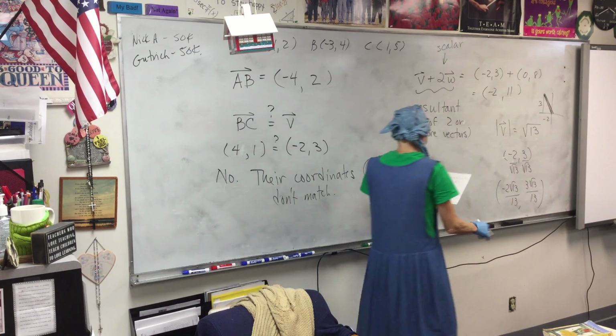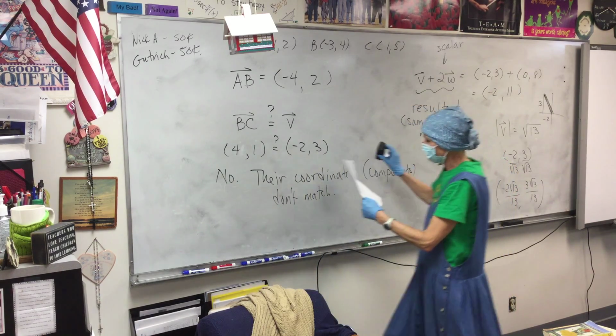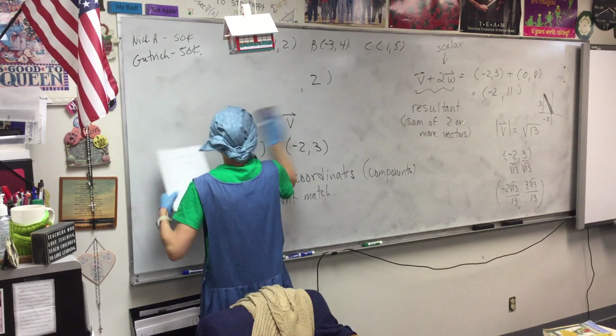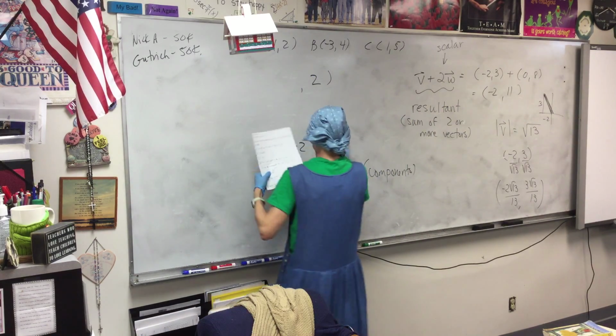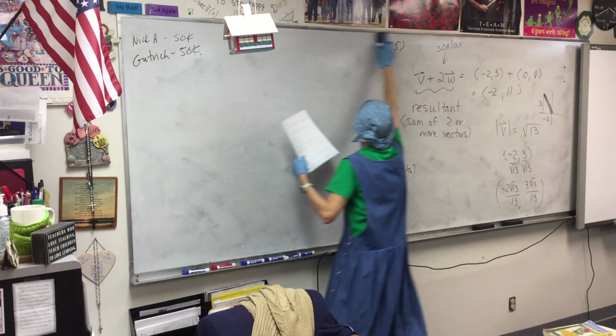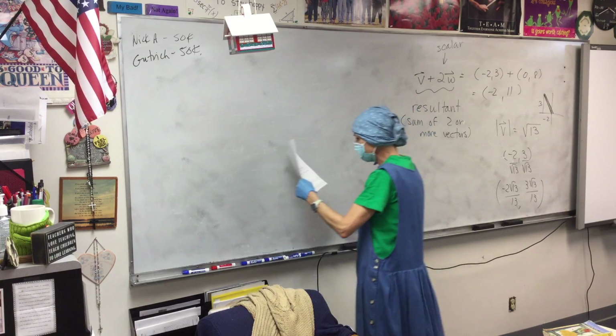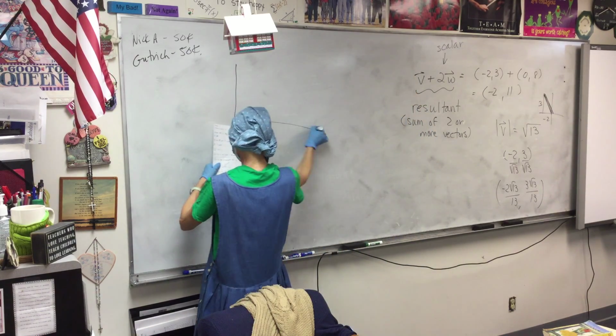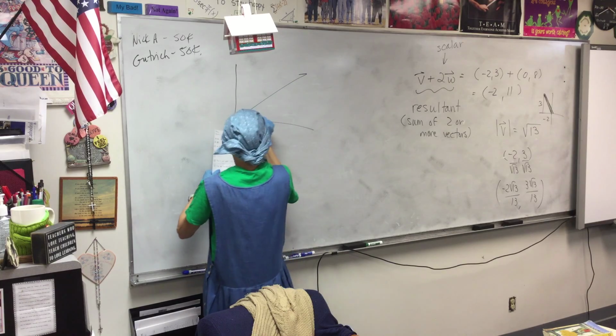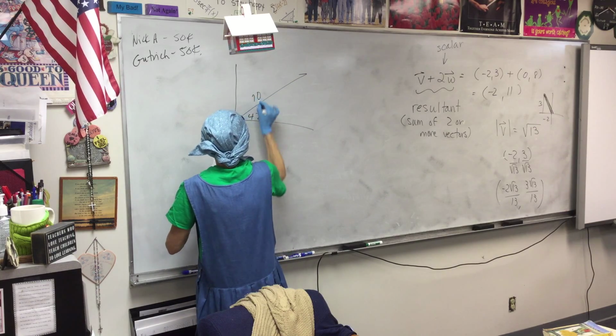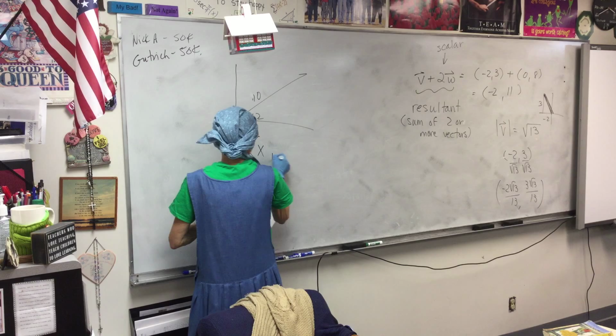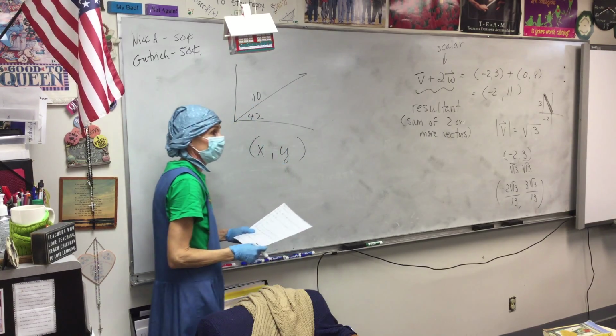Now, we're switching gears here. Number 6 is a separate problem. Find the components for the vector shown. Now, what do we mean by components? What are we looking for? The coordinates, which means we're looking for x comma y.